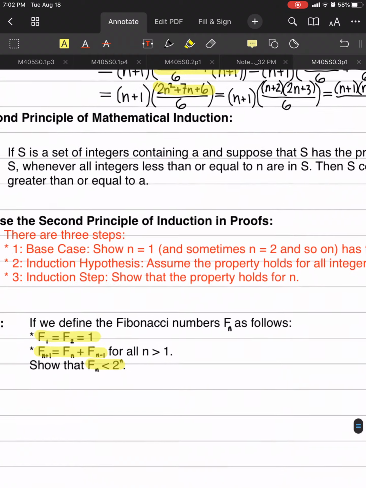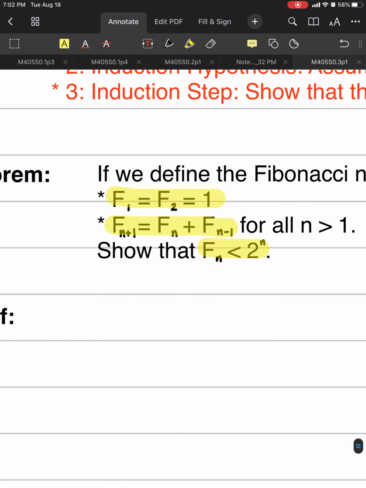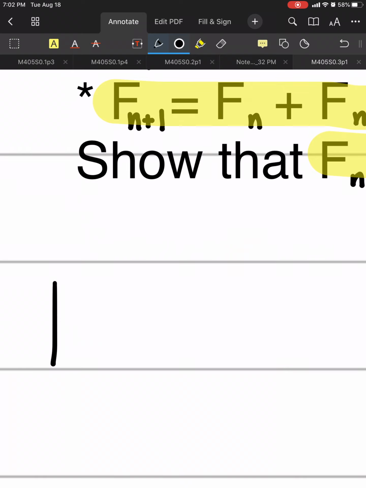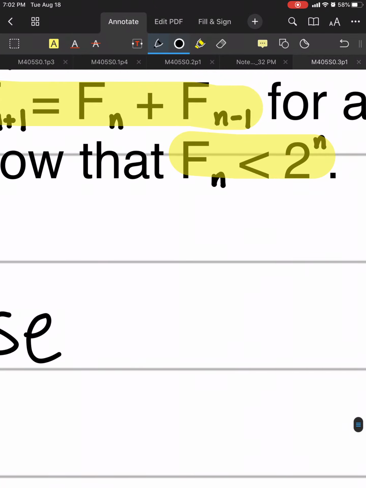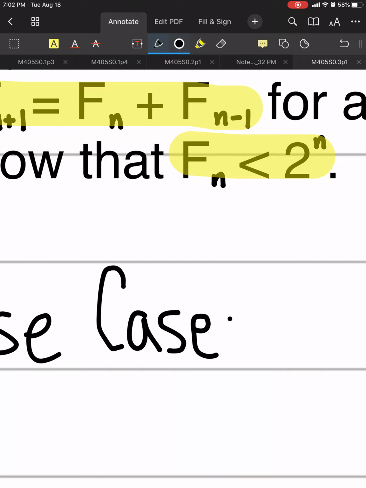Okay, if you are back, let's go ahead and start here. Base case. I'm actually going to use two of them here, and I'll explain why a little bit later.